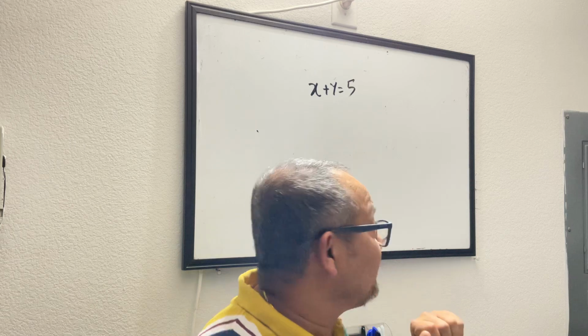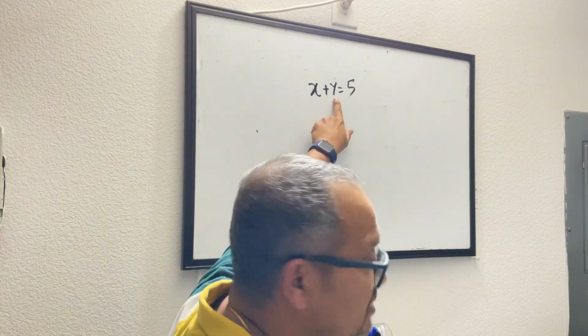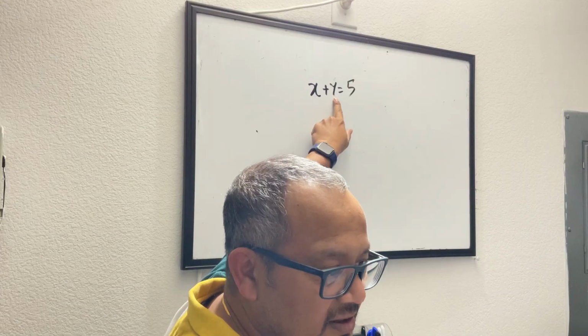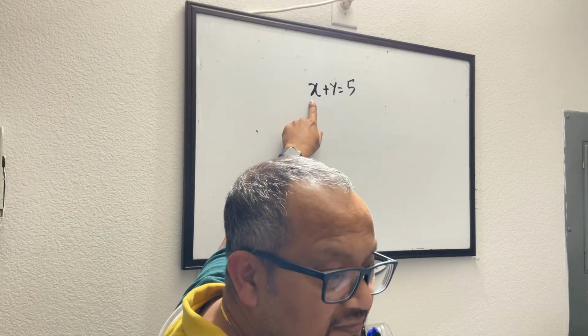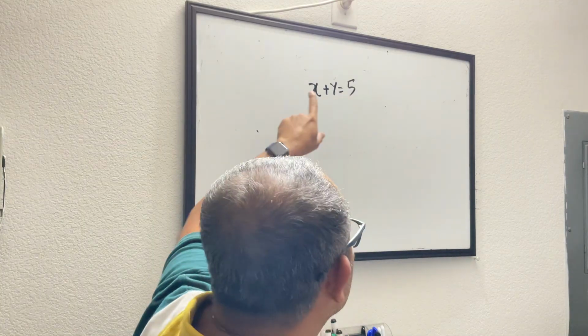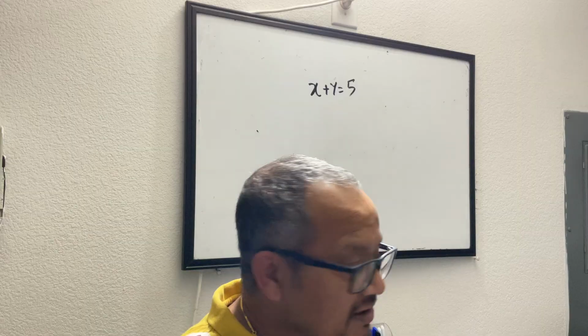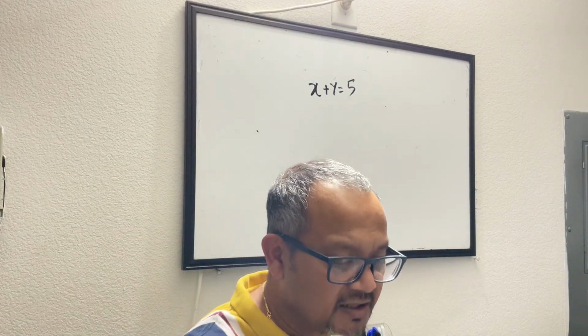I said I will give $1. How much does Manas have to give? $4. If I say I will give $2, how much does Manas have to give? $3. That is how it will be 5. If I say I will give $5, how much does Manas have to give? $0. We can still buy it, right?